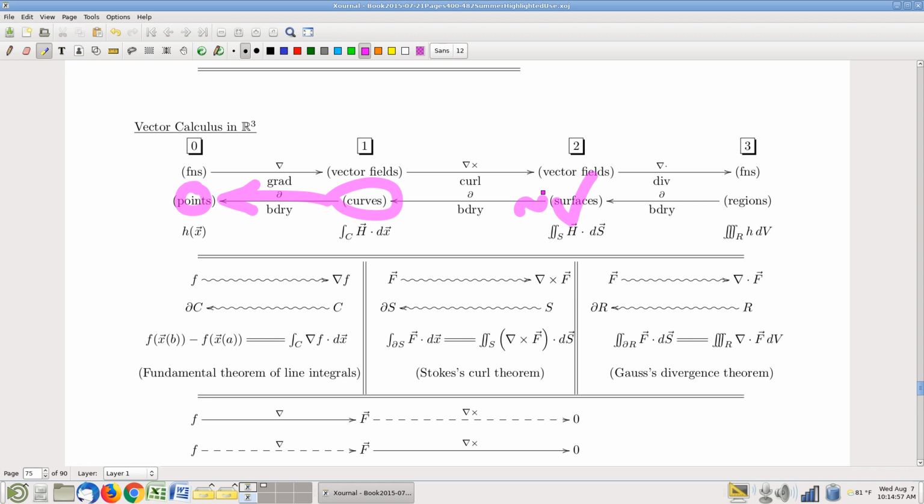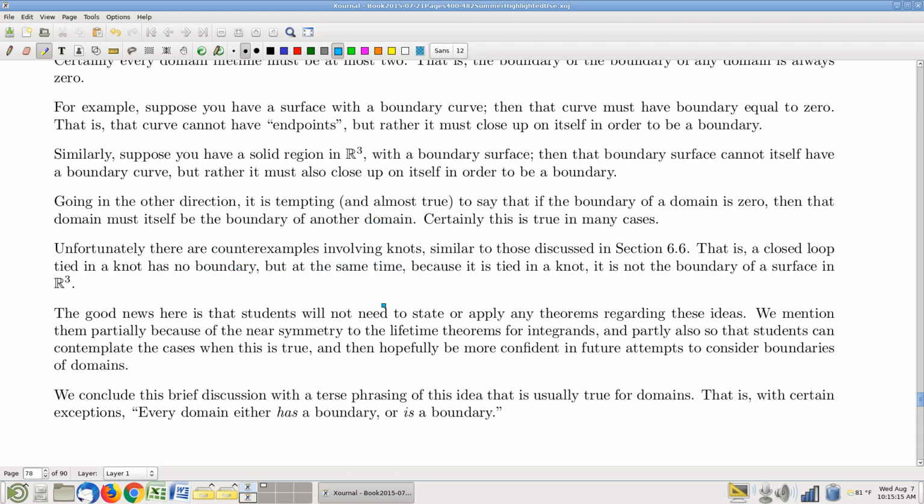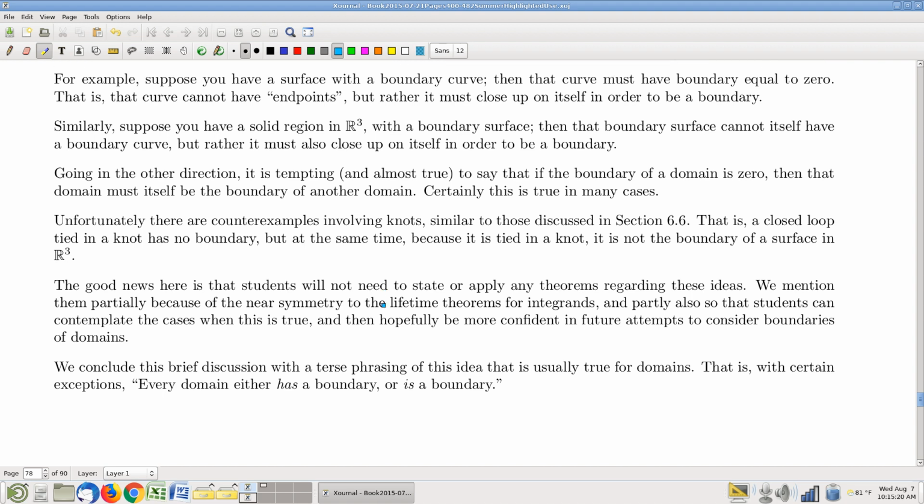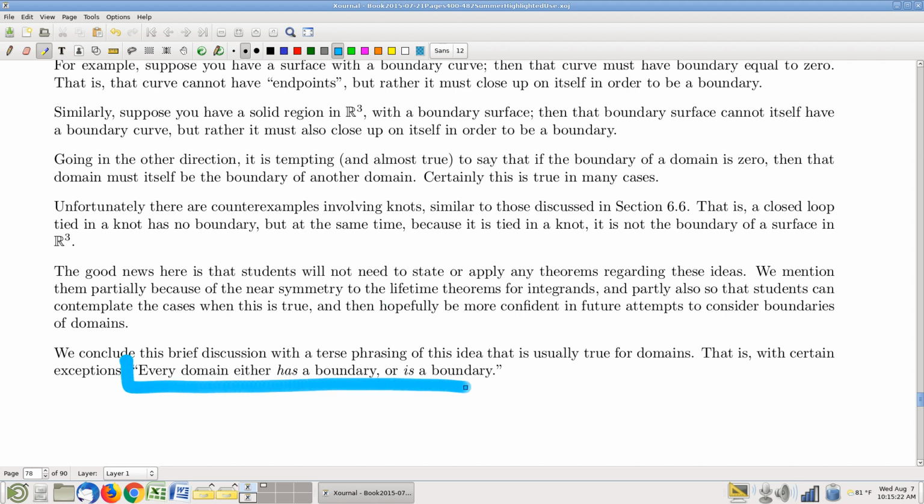And I'm going to say mostly, but again, if you have a knot, you tie a curve up in knots and then end it at the same point, there isn't really a surface as we understand it in this context because of the fact that it's tied in knots. So awkward exceptions. But that said, with that one, I'm going to say kind of a rare exception in our context, we have this nice little summary here, and that is that every domain either has a boundary or is a boundary.